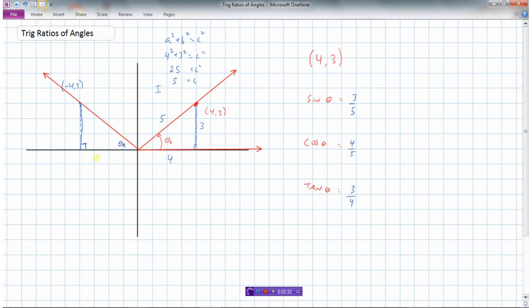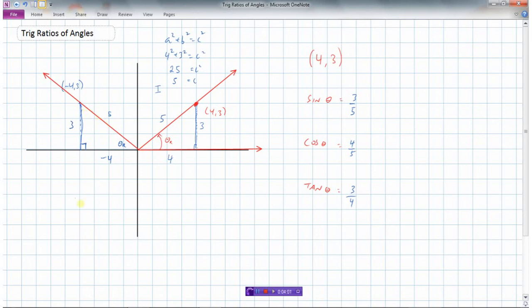The x value is -4 and the y value is 3. And notice when we do the hypotenuse that that's still going to be +5 because it's the length of this side, or sometimes we call this side length r. So x is -4, y value is 3, and the hypotenuse is 5.